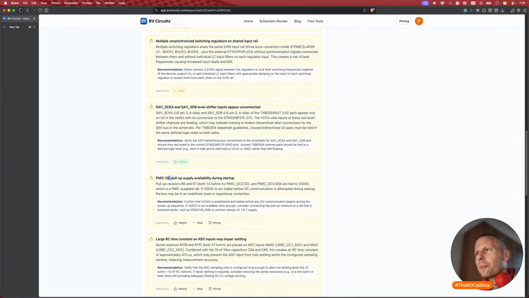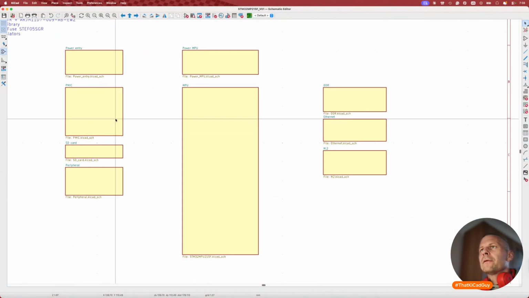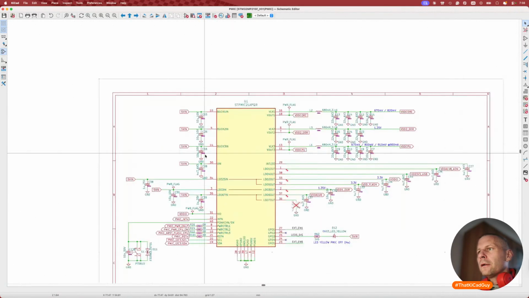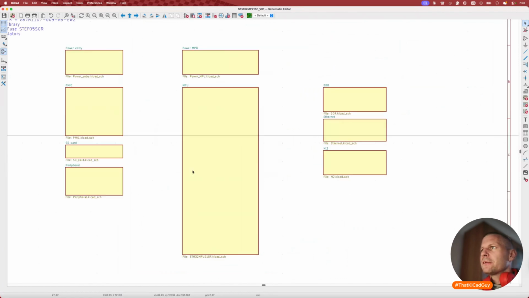PMIC I2C pull-up supply availability during startup. Pull-up resistors are 6.7. PMIC 6.7. Probably this one, these ones.